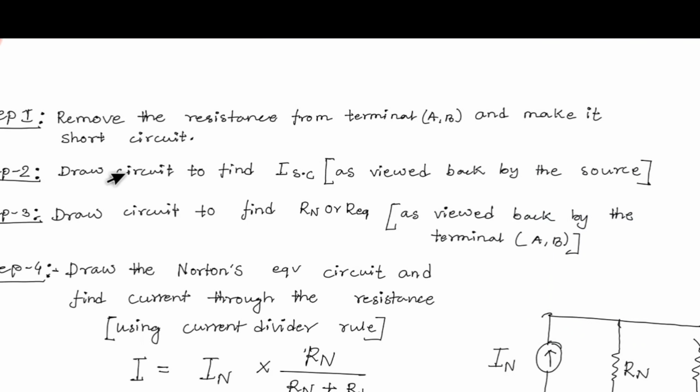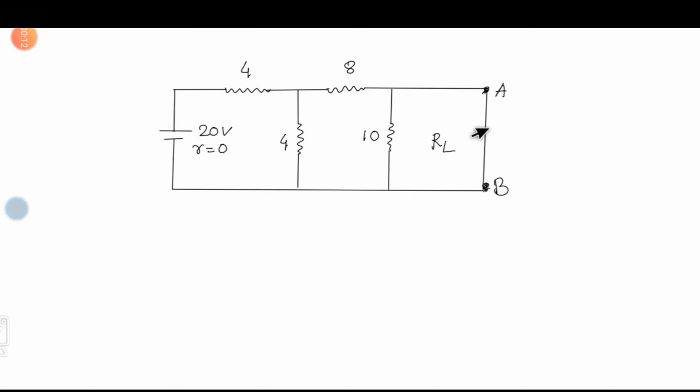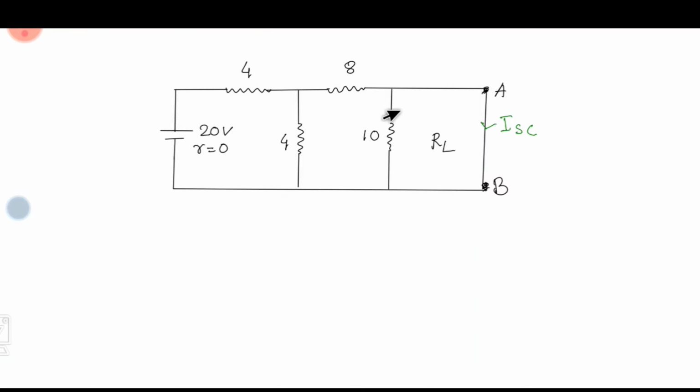In step number 2, we have to draw the circuit to find ISC. Here ISC means the short circuit current, as viewed back by the source. Suppose this is the short circuit current ISC, and we have to find this current. As these two terminals are short circuited, that means this 10 ohm resistance is also short circuited.